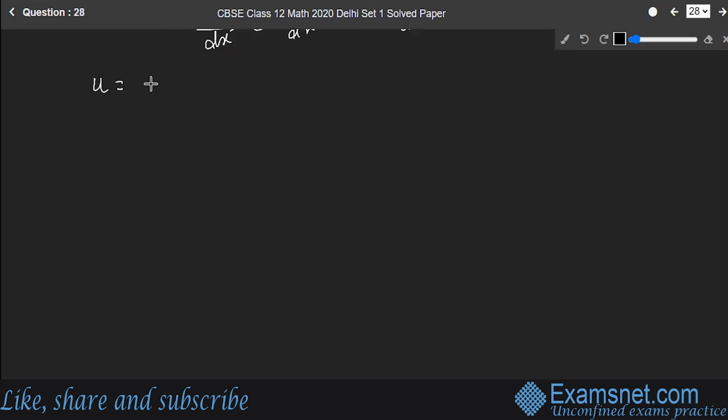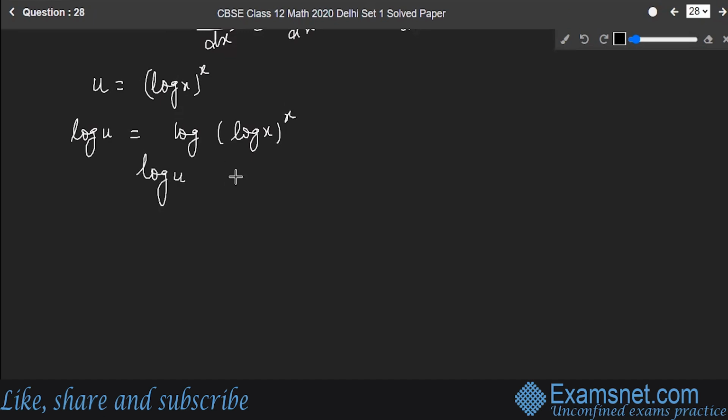We have taken u is equal to (log x) raised to power x. Now taking log on both sides, you will have log u is equal to log of (log x) raised to the power x. So here you have log u is equal to x log of log x. I hope you got till here.